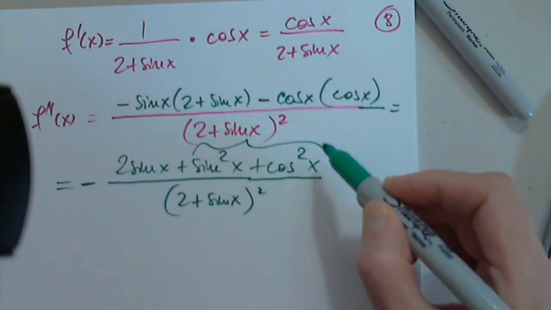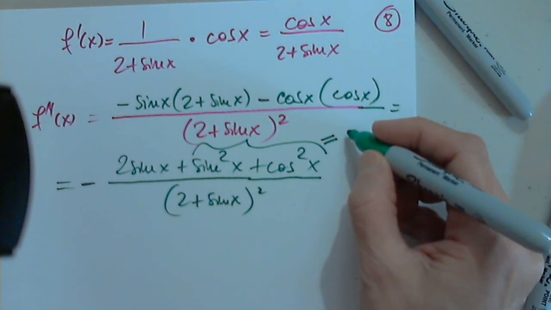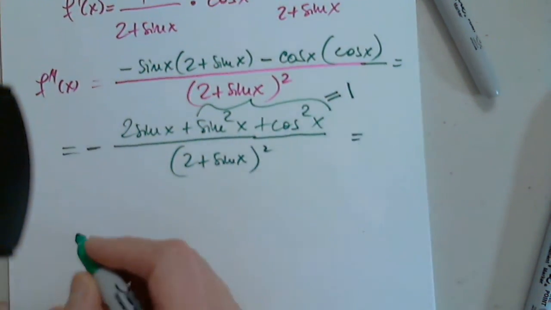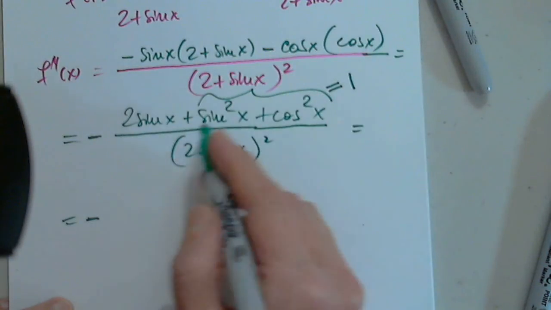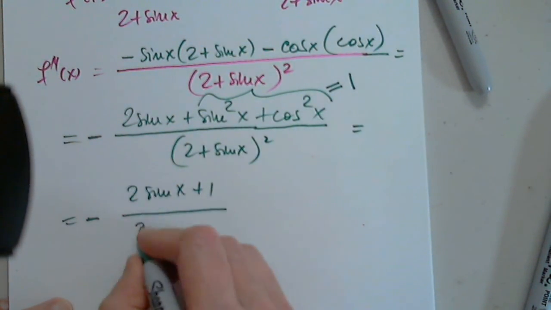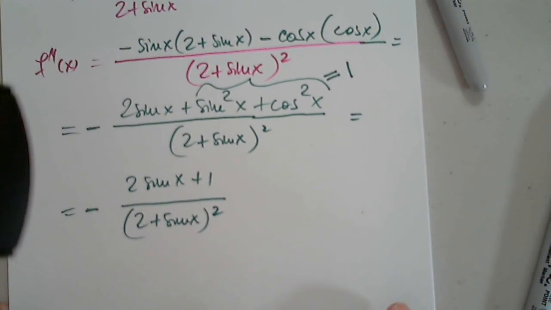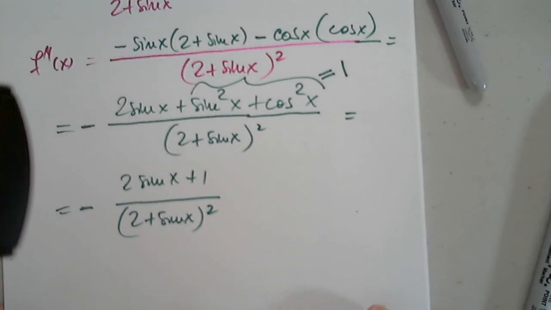Anyone remembers how much this is? One. Very good. So we have negative, 2 sine x plus 1, over 2 plus sine x, squared.